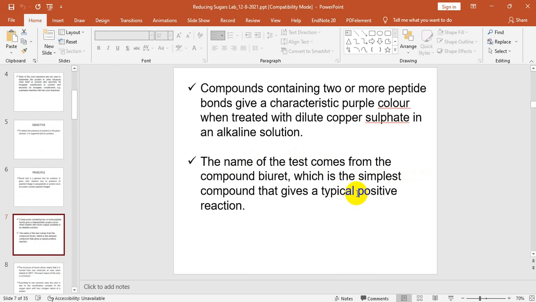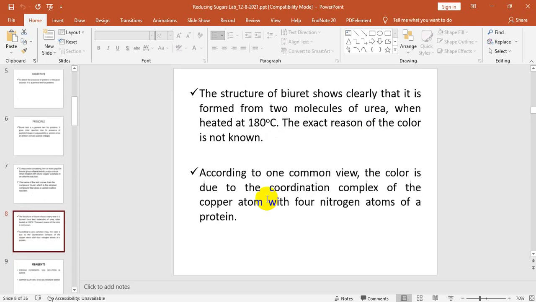Compounds containing two or more peptide bonds give a characteristic purple color when treated with dilute copper sulfate in an alkaline solution. The name of the test comes from the compound biuret, which is the simplest compound that gives a typical positive reaction.